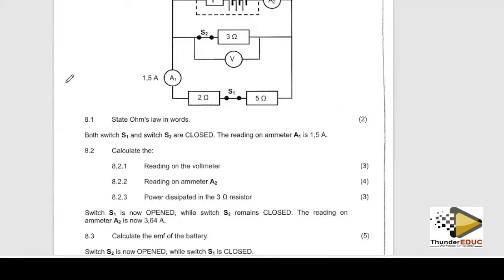With Ohm's law, all we need to know is that the potential difference across a conductor is directly proportional to what?